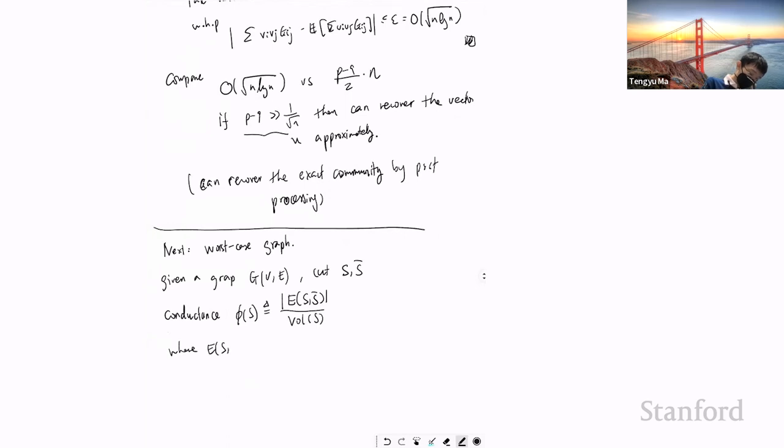E(S, S bar) is the total number of edges between S and S bar. This is an undirected graph, so just to be precise, I should say between S and S bar.